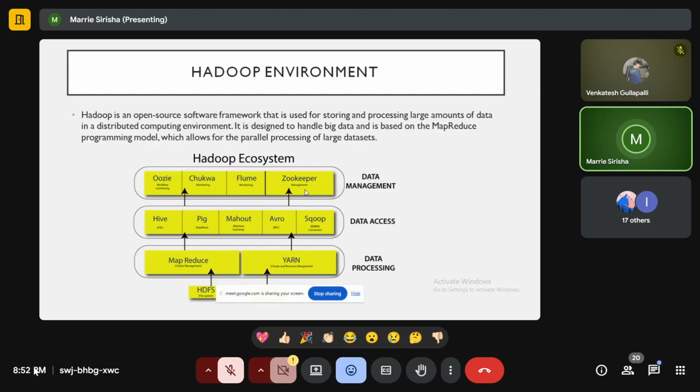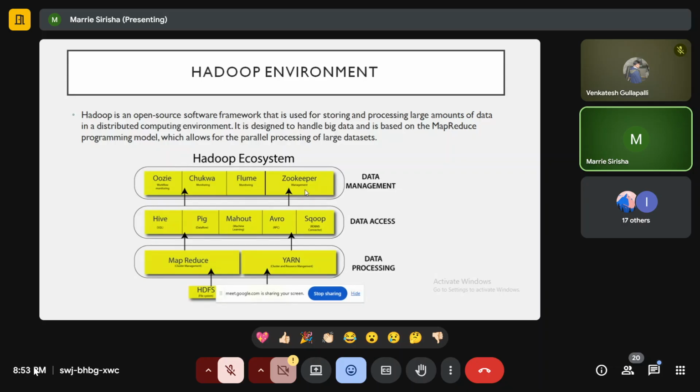It is a high level language for data flow. And Mahout, what is that? Machine learning. Using machine learning techniques, you can access the data. And Avro is another technique that includes RPC.